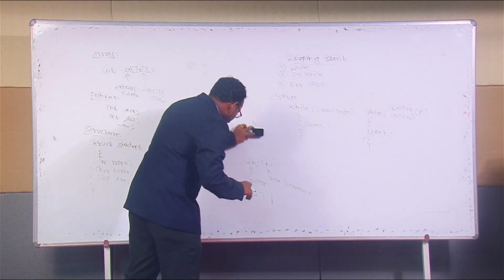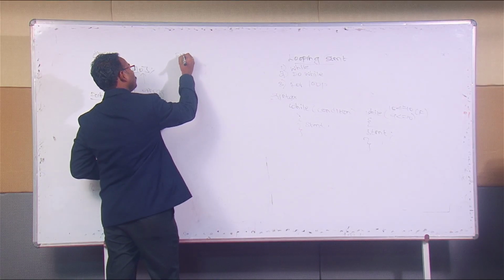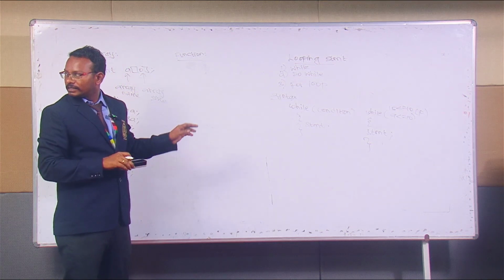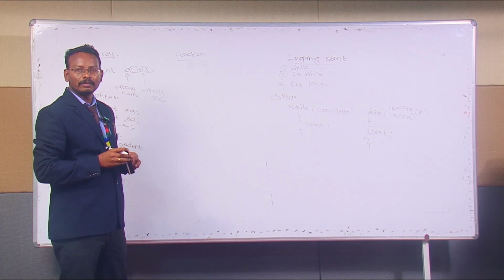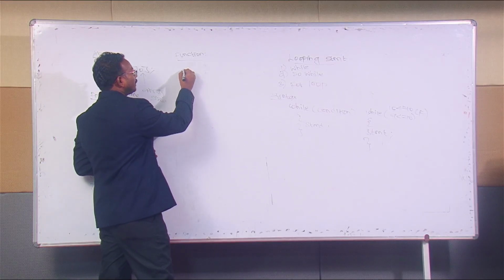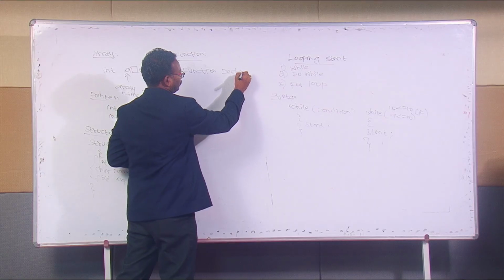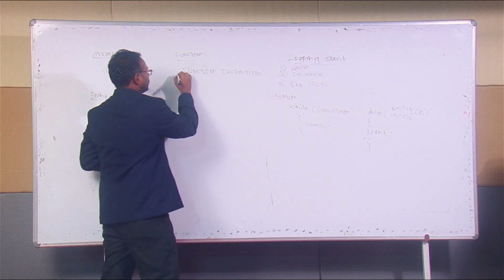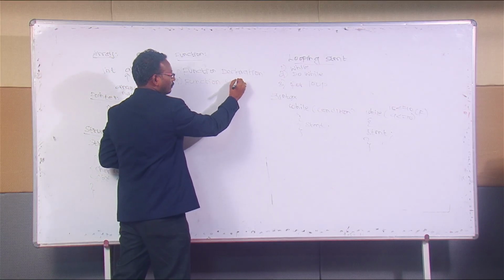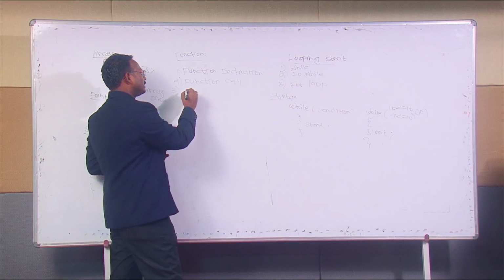Next will be function. What is a function? A function is used for repeating the storing of data. The function has three parts: one is function declaration, second is the function call, and third is the function definition.